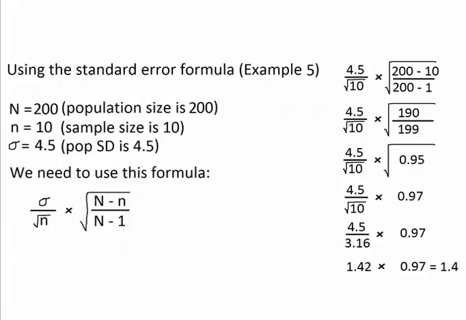So now we have a population size of 200, a sample size of 10, and a population standard deviation of 4.5. So capital N changes to 200. Looks like the standard error is about the same, but it goes up to 1.4. It just went up a little bit.